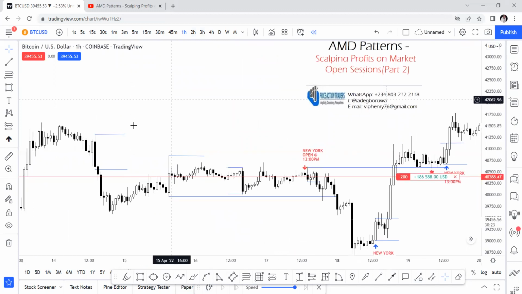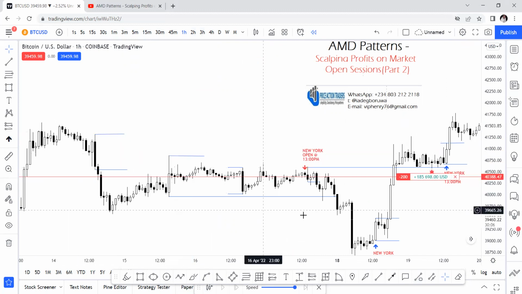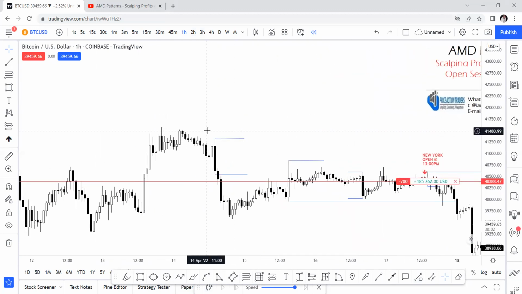See it, New York, 13. See the candle here, 13. Then after 13, we have a range. Then this is 13, then engulfing, a range, a breakout. It never moved above the range.